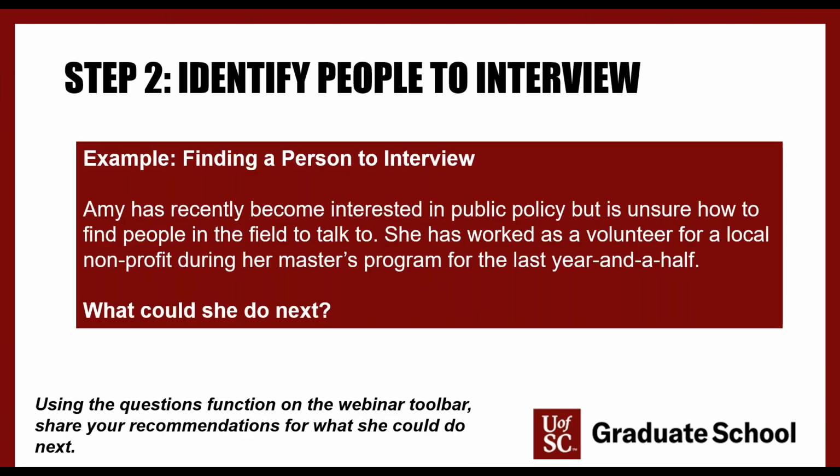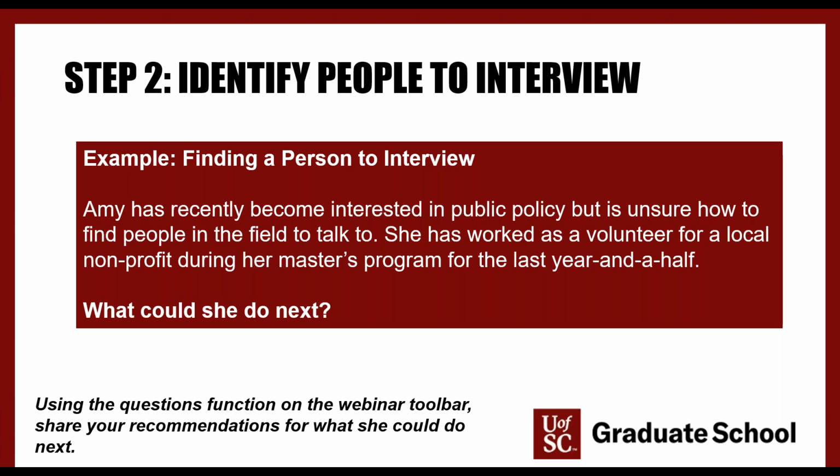So let's take a look at a couple of examples. The first example here is to identify people to interview. Amy has recently become interested in public policy, but is unsure how to find people in the field to talk to. She has worked as a volunteer for a local nonprofit during her master's program for the last year and a half.